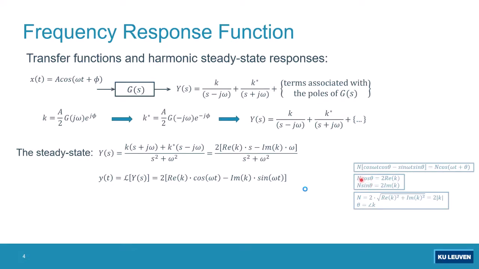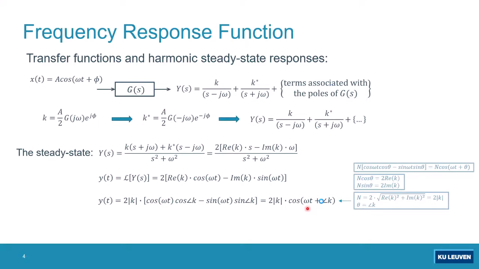I just simply divide the second equation with the first equation, then I will end up with tangent theta equal to imaginary k divided by real k, and then I can find theta accordingly, and same thing, I just have to solve these 2 equations. I can find n equal to 2 times the magnitude of k. So what I'm going to do next, I will rewrite this steady state response equation into this kind of form. So my steady state response here will be equal to this one, right?